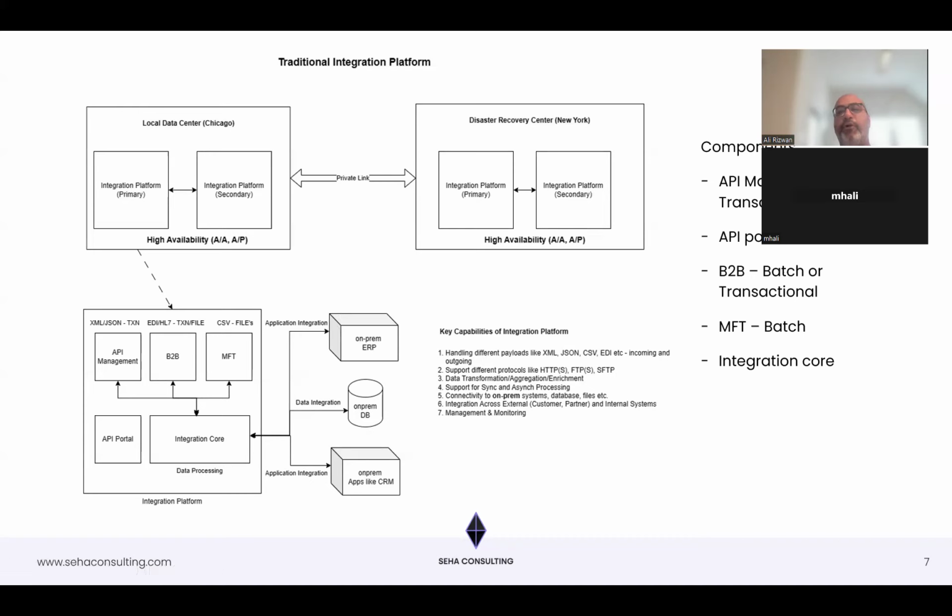The SAP format is different, so you have to take that data and transform it into a format where it appears natively in SAP or natively in Epic, for example. That's what we call application integration. Then obviously there's also data transformation and enrichment happening there as well.